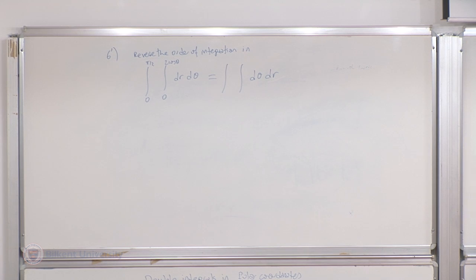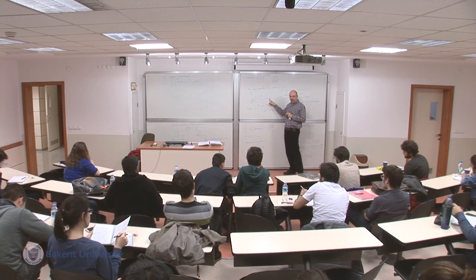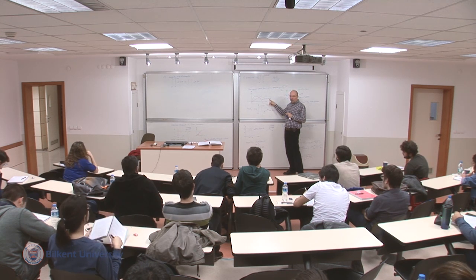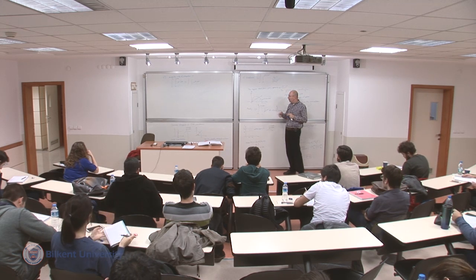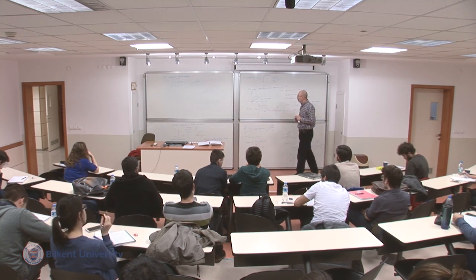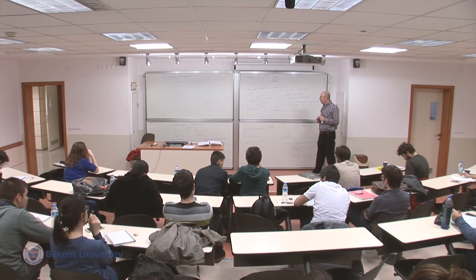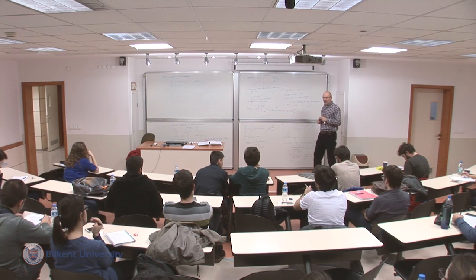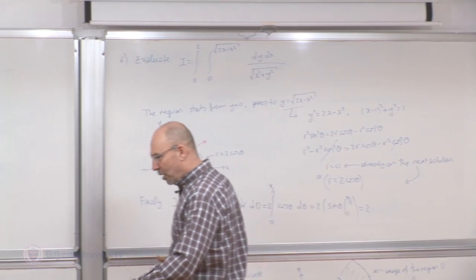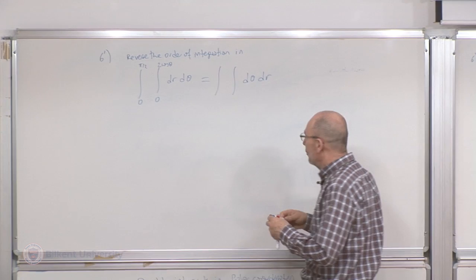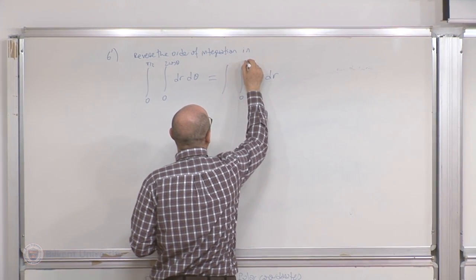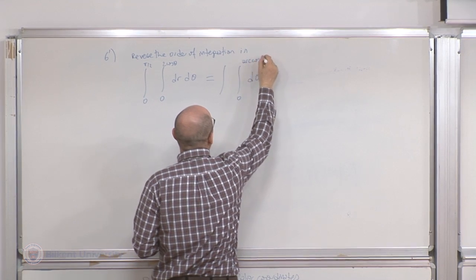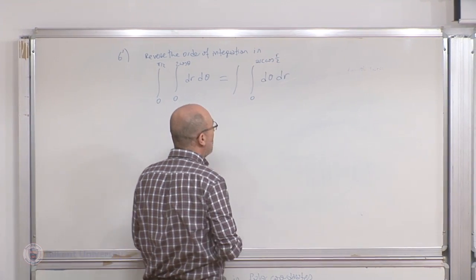That's the first integral. Now you solve it for the second parameter. So theta goes from 0 up to that value. What's the solution of this? Theta is arc cosine r over 2, right? So theta starts from 0 and it goes to arc cos r over 2.